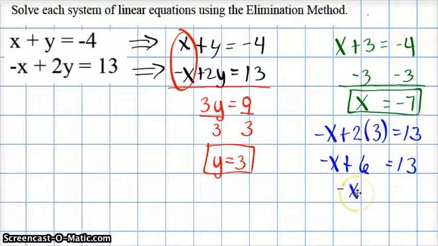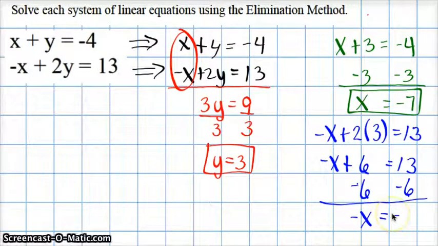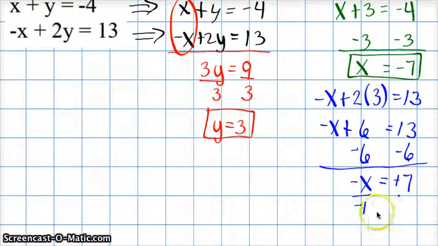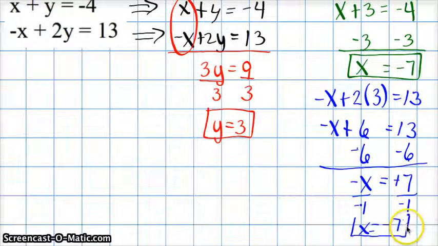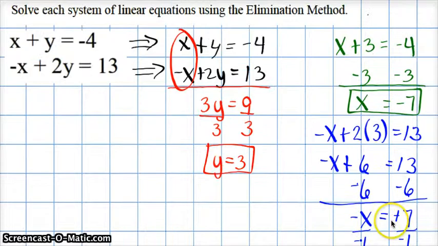Undo that by subtracting 6 from both sides of the equation, and we're left with the opposite of x equals a positive 7. We undo a negative x by dividing by -1, and we get x equals 7, which shows that both equations agree, meaning we have checked our solutions.